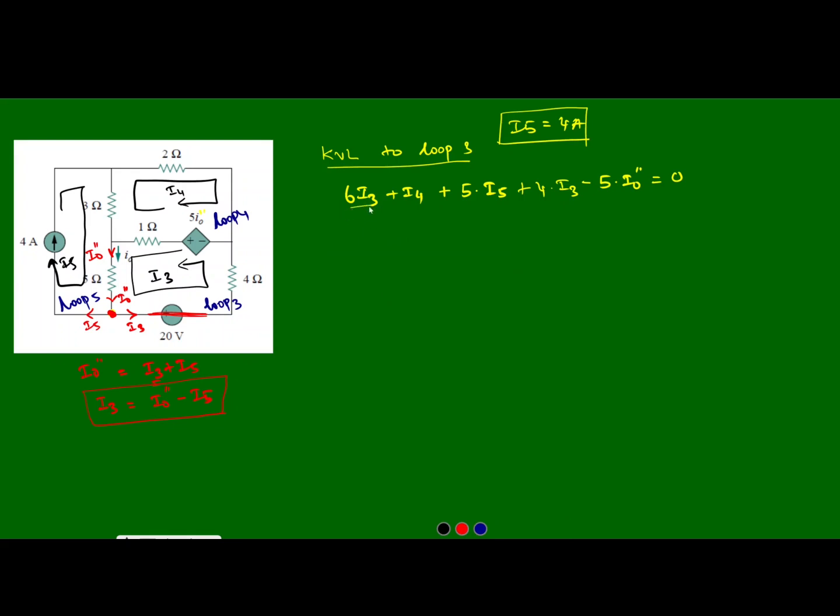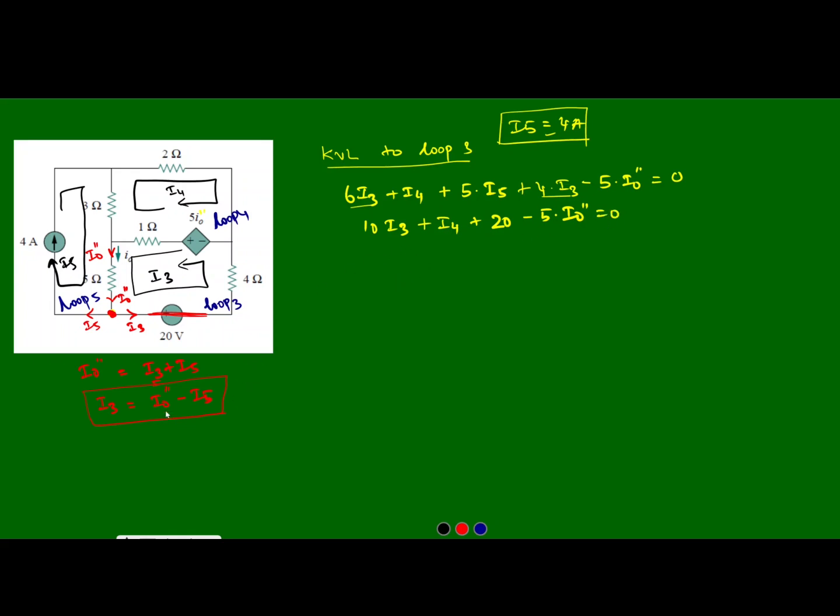We can see that here 6I3 is available and here 4I3 is available. So on simplification this will become 10I3, plus I4 as written, plus 5I5 minus 5 into I0 double dash. As we know that I5 is 4 amps, we apply it here: 5 into 4 will be 20, minus 5 into I0 double dash, which is equal to 0.